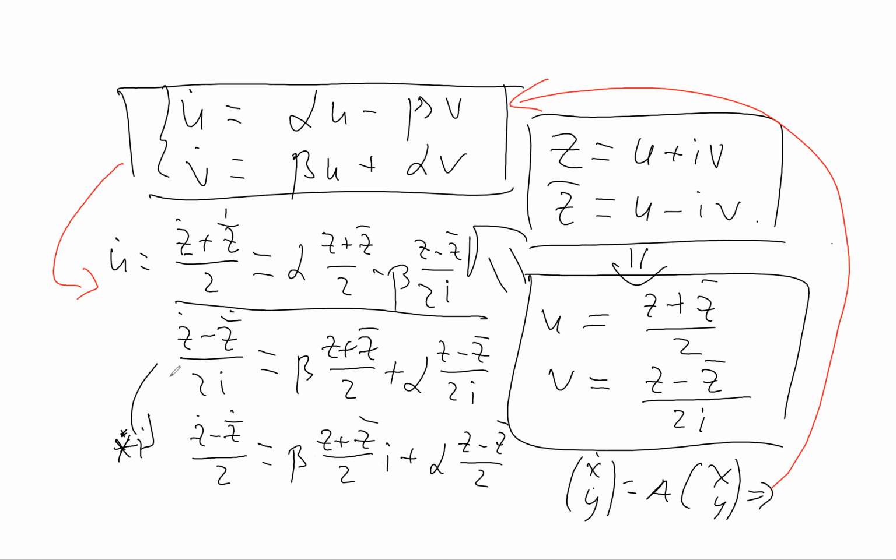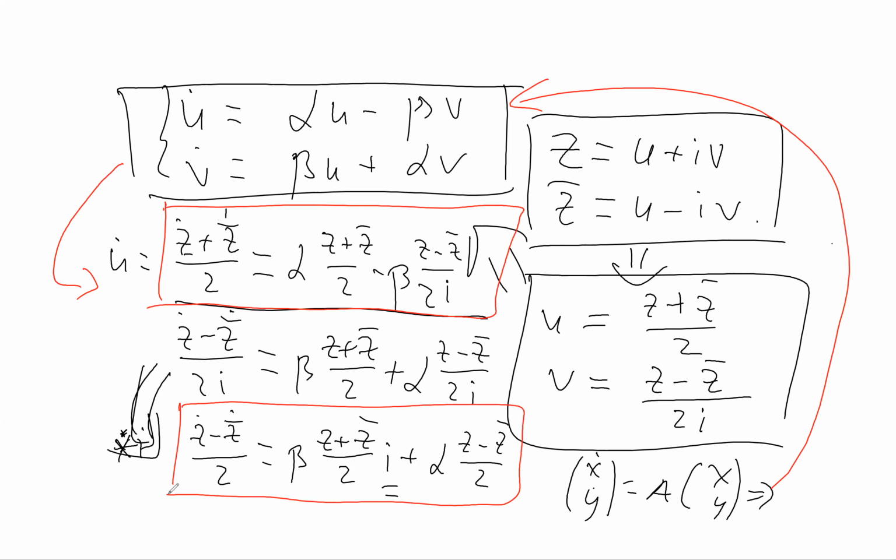I just multiplied this equation by i. So i disappears here, but i appears here. Now we have two equations. The first equation is this, and the second equation is this.